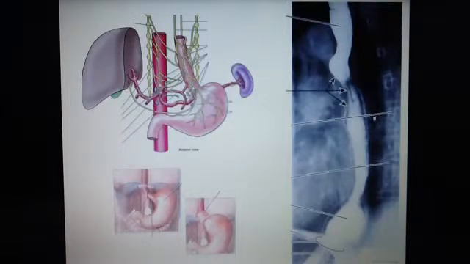Here is the transverse process of the thoracic vertebra, and then moving down you can see an intervertebral disc, and skipping down to the bottom we're going to meet the diaphragm, and this is where there would be a diaphragmatic constriction, and it would continue on as the abdominal esophagus until it meets the stomach.